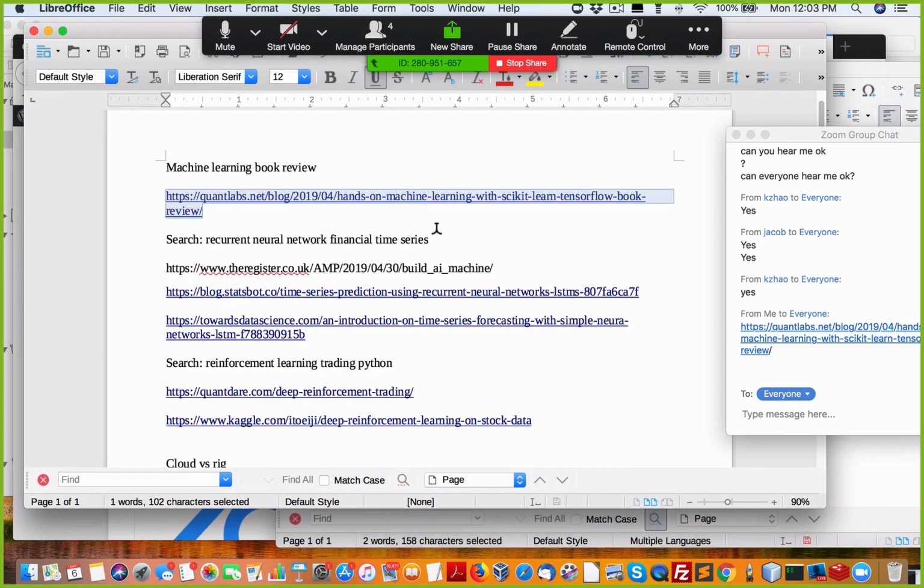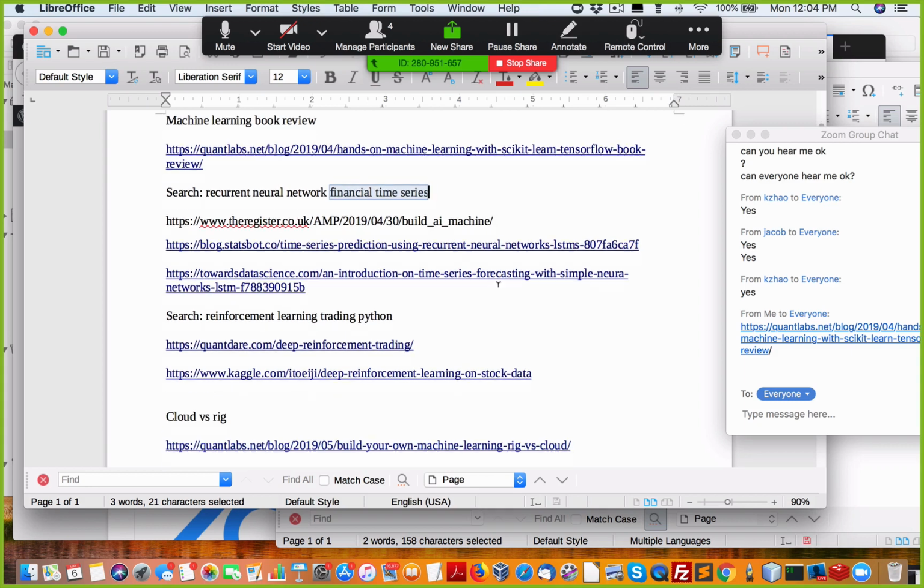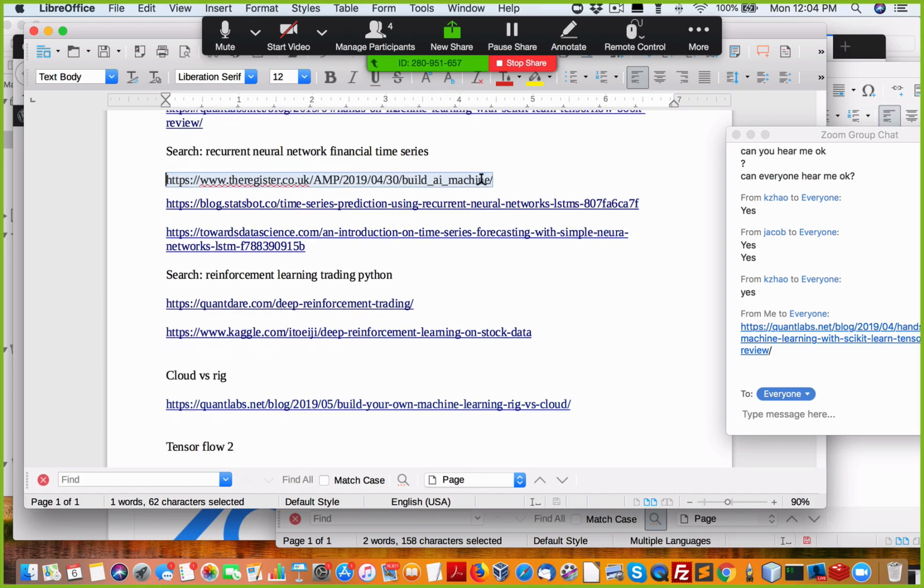So two types of networks that we can use in machine learning is a recurrent neural network, and that is built and can be applied with financial time series. So there's different places to go to start leading down the path on how to build machine learning models that will help you build out automated trading systems built around these concepts.